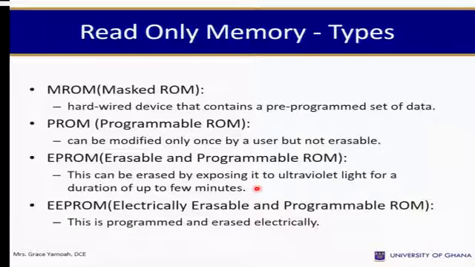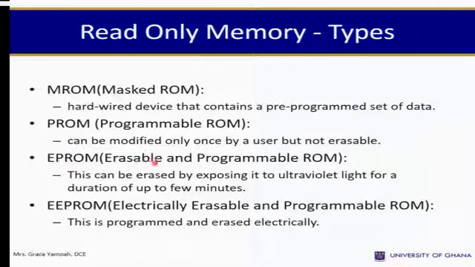Read-only memory types. MROM, mask ROM, is a hard-wired device that contains a pre-programmed set of data. PROM is programmable ROM, which can be modified only once by a user but is not erasable.